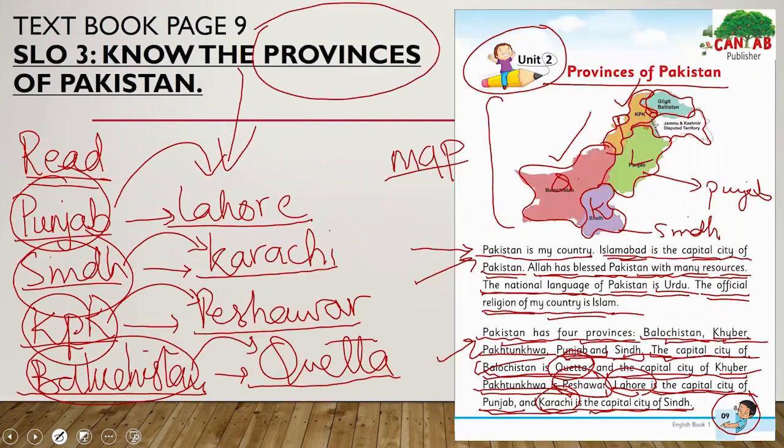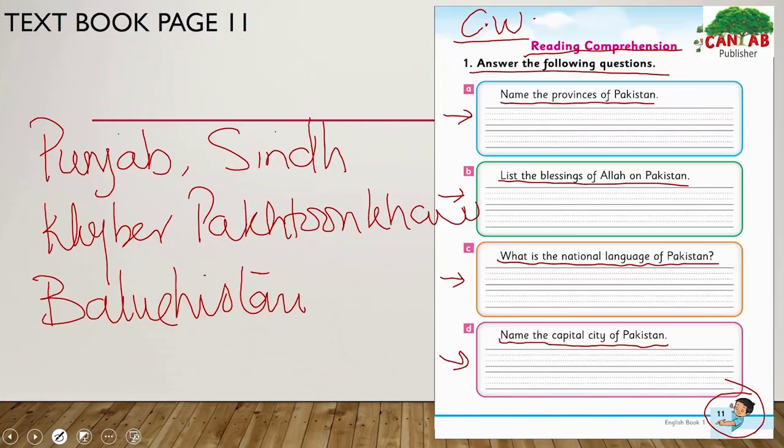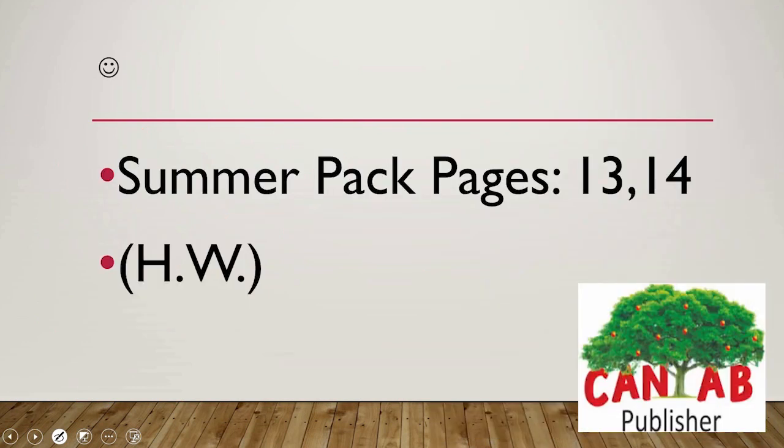You can go back to page number 9 and see for yourself the answers and write them here on the lines given. List the blessings of Allah on Pakistan. You can list down some blessings of Pakistan which are given by Allah. What is the national language of Pakistan? Name the capital city of Pakistan. And you have to write in full sentences.